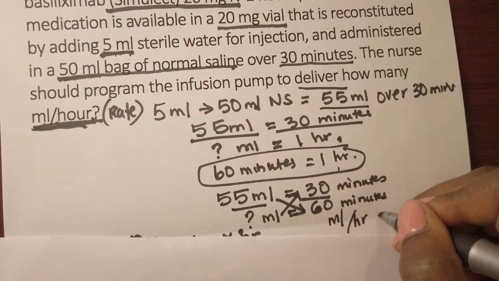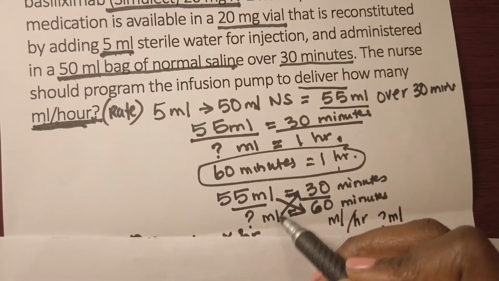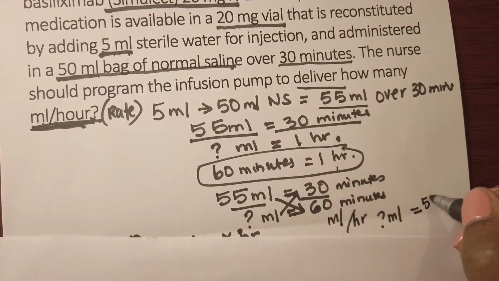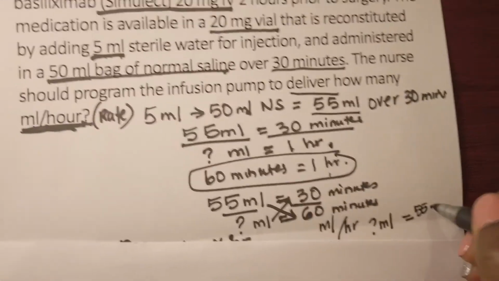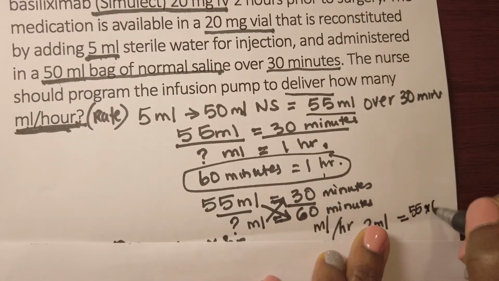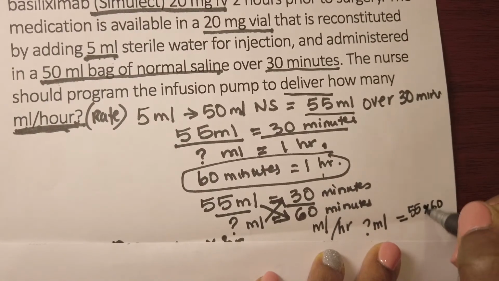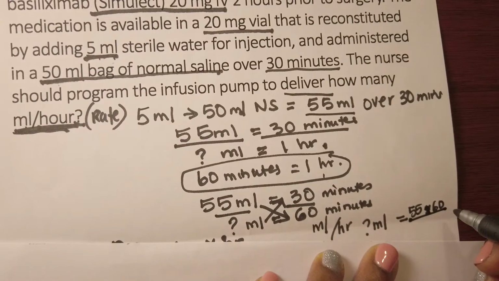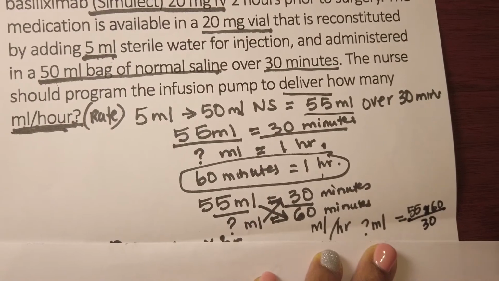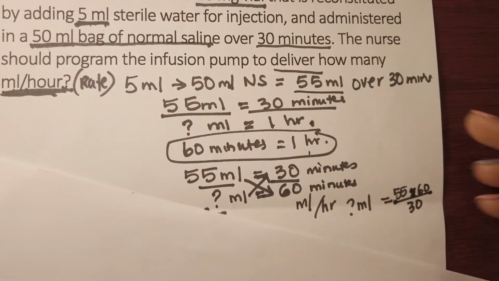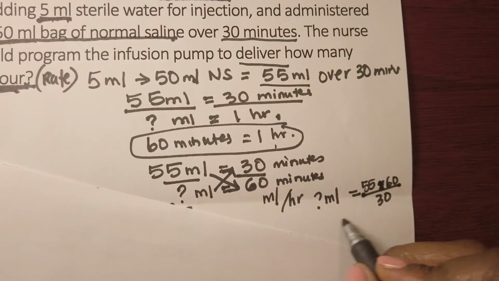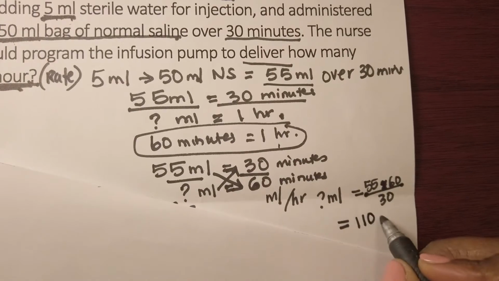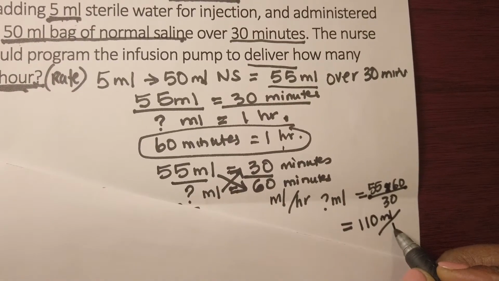So once you solve for the question mark mLs, cross multiply, you have 55 times 60, and divide that by 30. The answer will be 110 mLs in 1 hour.